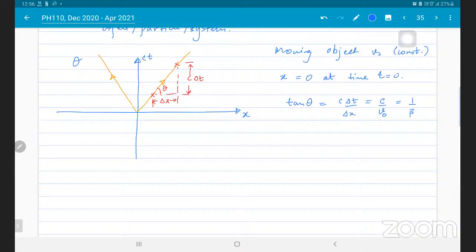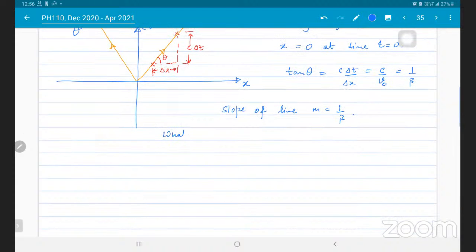Right? Is this fine? Yes, sir. So the slope of the line m is equal to 1 by beta. Okay. Now, what is beta for light?